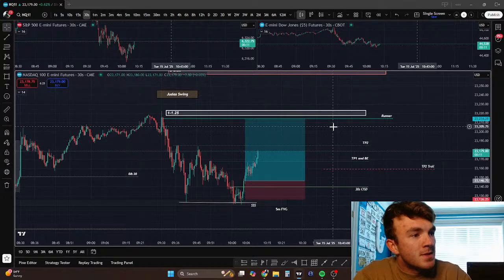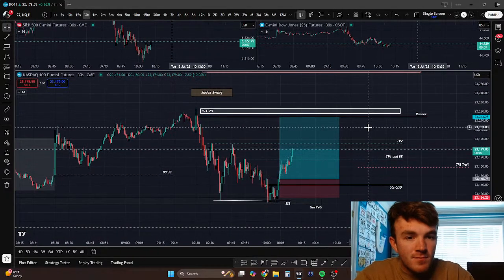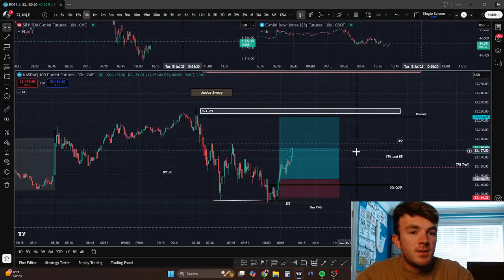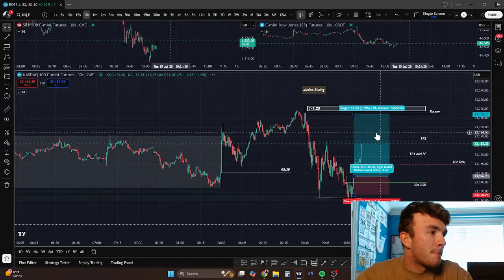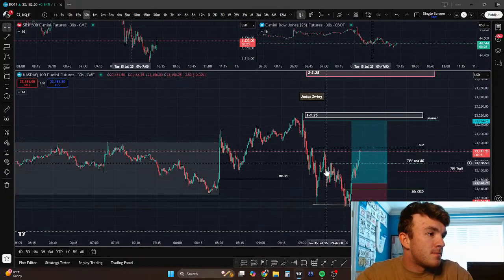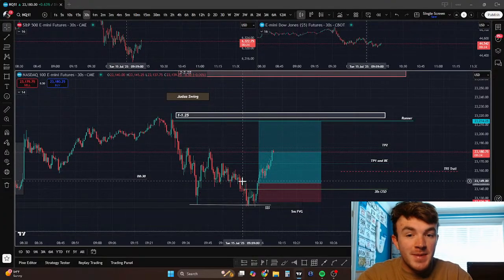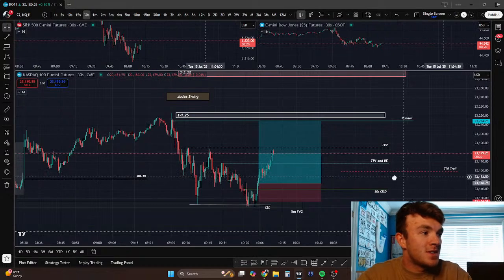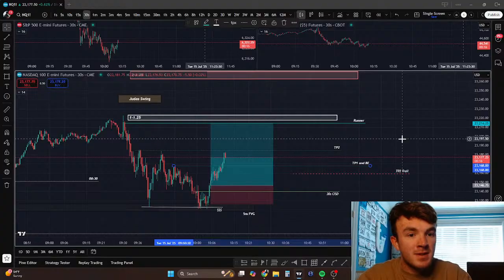So you can see TP2 is getting smacked, possibly. See what I mean? Much better trade, guys. Did you hear me say it? I said this is a much better trade, and look at what's happening.